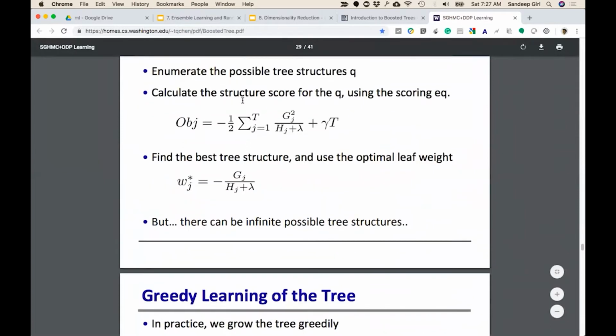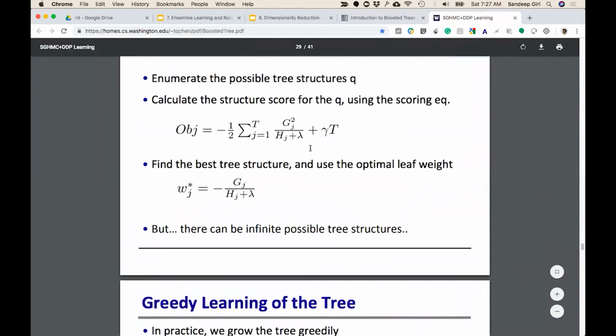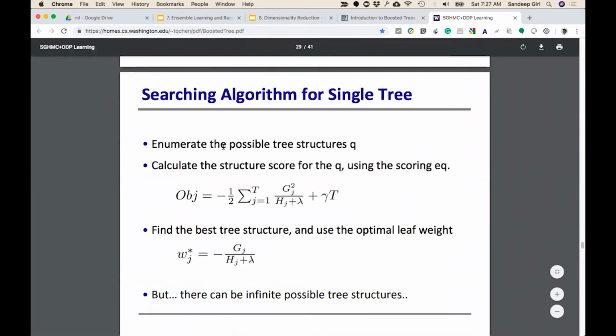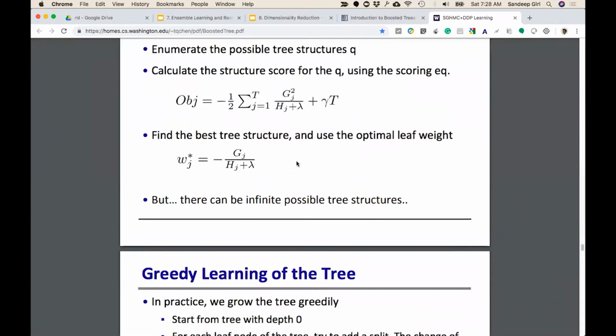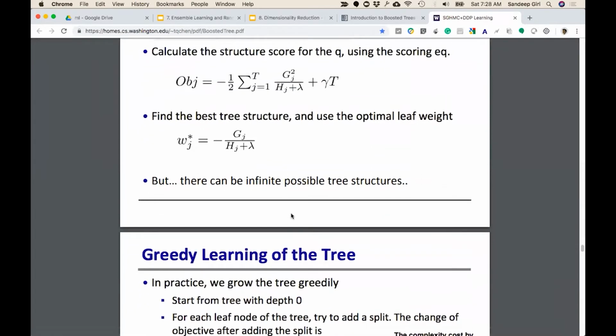Calculate the structure score Q using the scoring equation. So we enumerate the possible tree structures, right? We come up with a new tree, add it, and see if this objective function is going down or going up, and so on. And this is the optimal weight of the leaf, right?